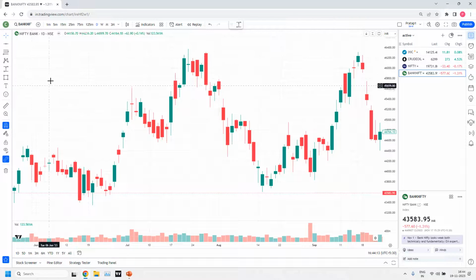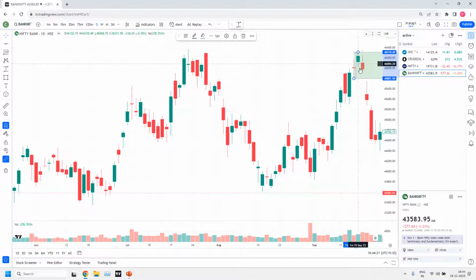So the first supply zone is created here. We have a rally candle and then we have 3 base candles and then we have a drop candle. Do not consider this as a base candle because this candle is having an invisible body due to the gap.